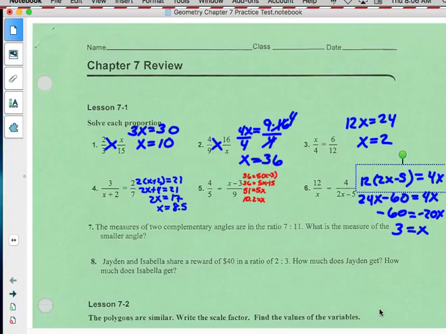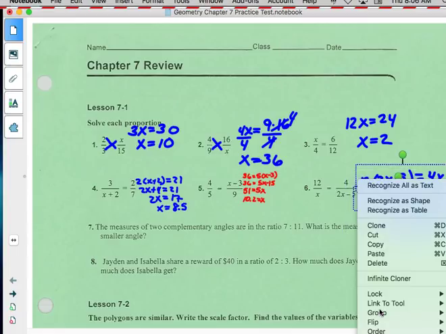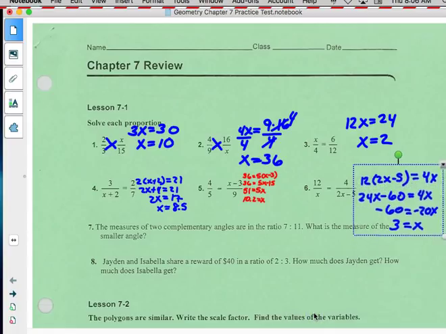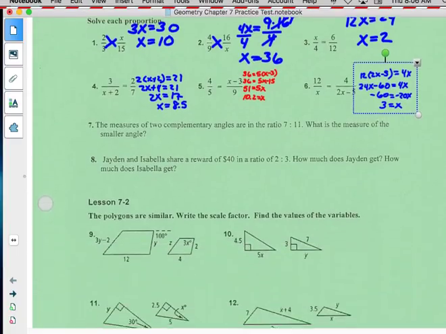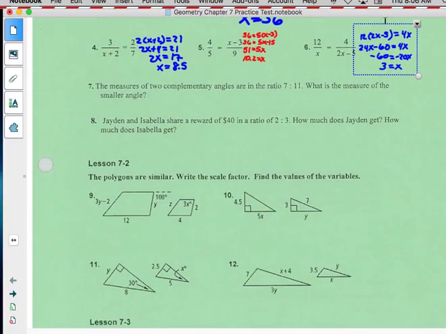And again, we'll get this all grouped together and shrink it down. Now, in this next problem, problem 7, the measures of 2 complementary angles are in a ratio of 7 to 11. Complementary angles are angles that add to 90 degrees.